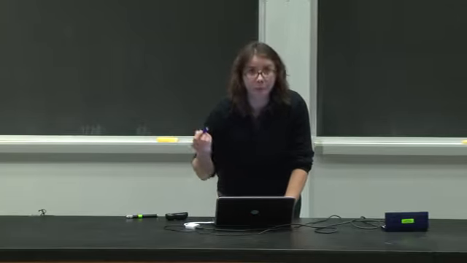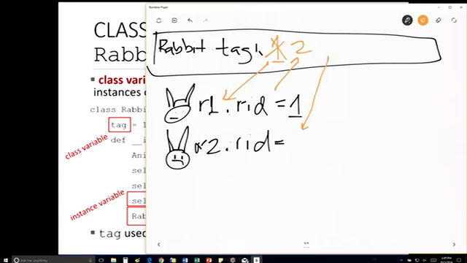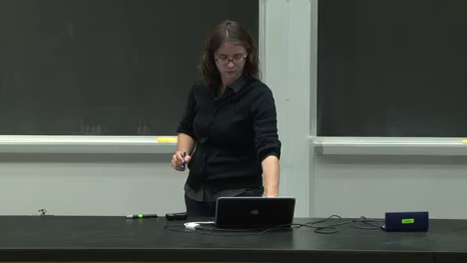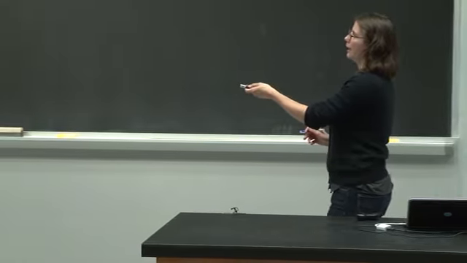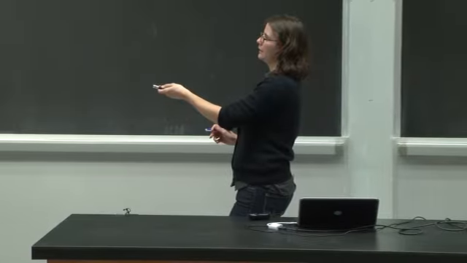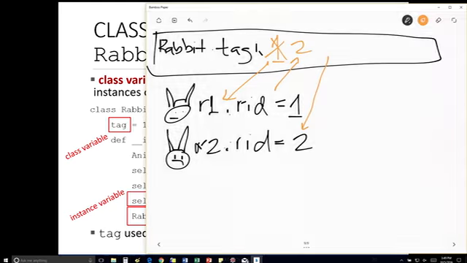It was changed by the previous creation of my rabbit, so now I'm going to access that. So the value is going to be 2. And according to the code, the next thing I do after I create the instance variable rid is increment tag. So I'm incrementing the class variable to be 3.